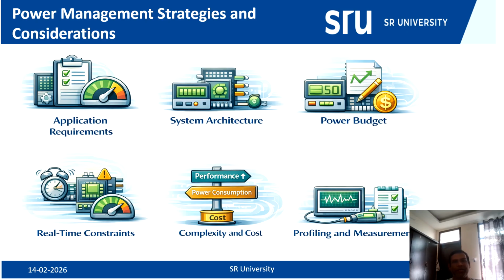The first and most important factor is application requirements. Every application has unique performance demands, battery life expectations, and operating conditions. For example, a wearable health monitor prioritizes ultra-low power consumption and long battery life, while an industrial controller may prioritize performance and reliability over energy savings.